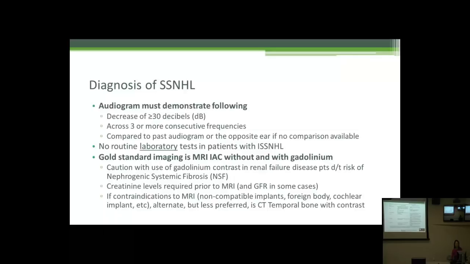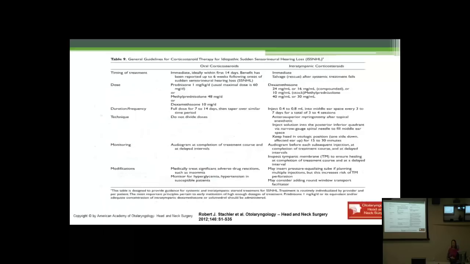When we treat idiopathic sudden sensorineural hearing loss, we generally provide them with high-dose oral steroids, typically 60 milligrams once a day for 2 weeks, in some cases 3 weeks, followed by a slow gradual taper over the next 2 to 3 weeks. There are pros and cons to this. We do educate and counsel patients at length about the benefits as well as the risks of going on the steroid.